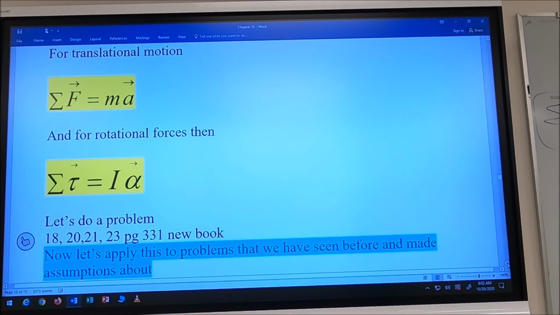And if you have a net force that's not zero, you get an acceleration, either along the x-axis or the y-axis or the x and the y-axis. For rotational forces, sum of the torques equals I alpha. So that when you have a net torque acting on an object, you have an angular acceleration. Okay? So we're going to do one, maybe two problems here where we're looking at sum of torques.